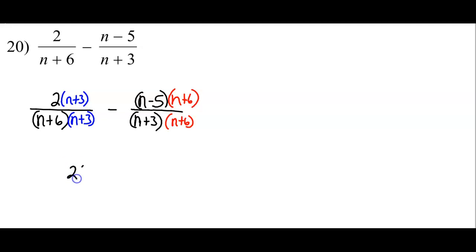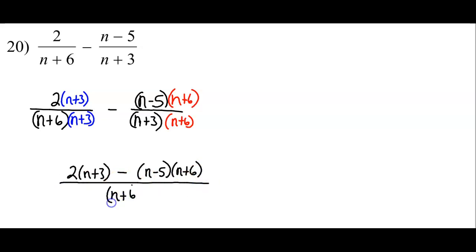So we have 2 times n plus 3 minus that all over the common denominator. Like that. Now we're not done yet. We need to simplify. So for instance, here I need to distribute the 2.